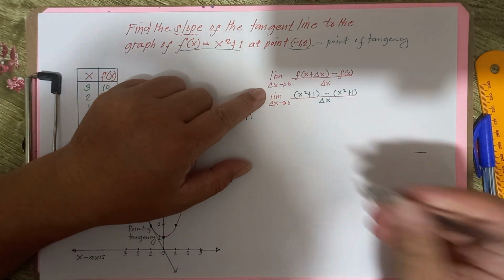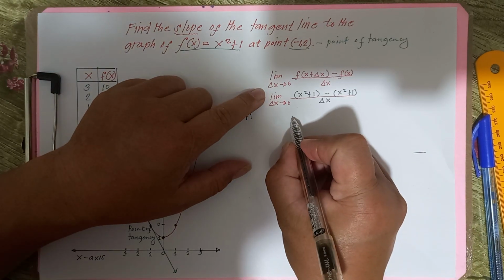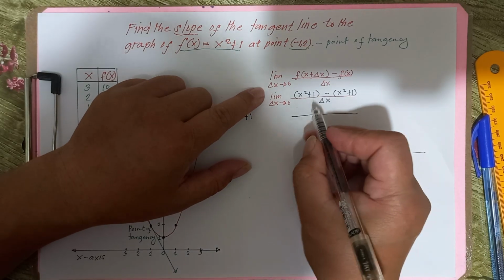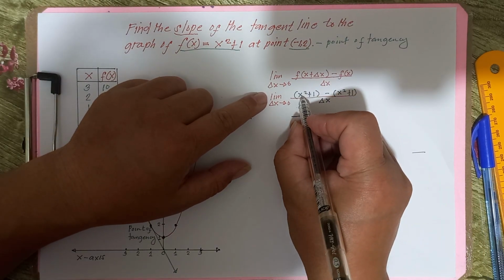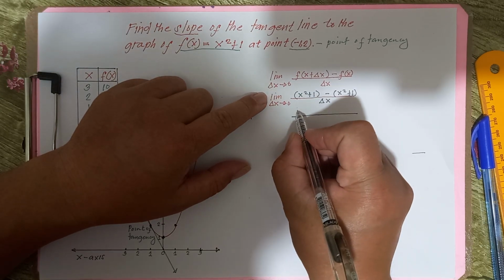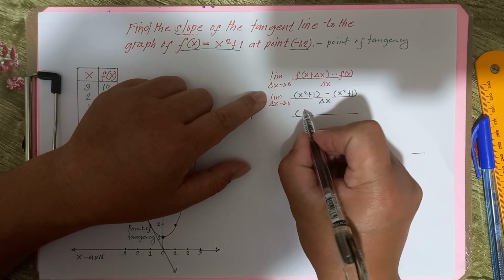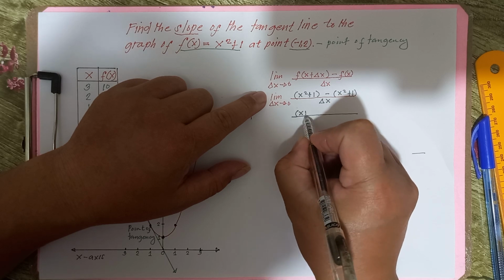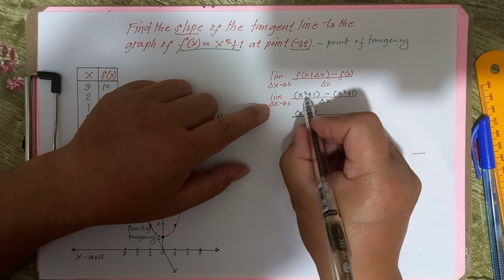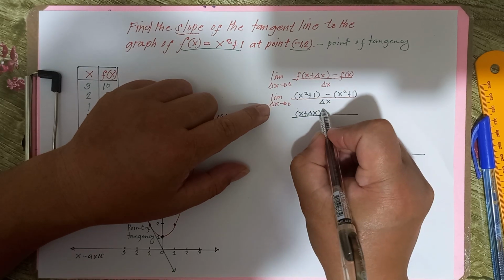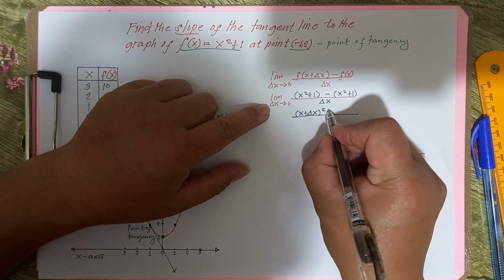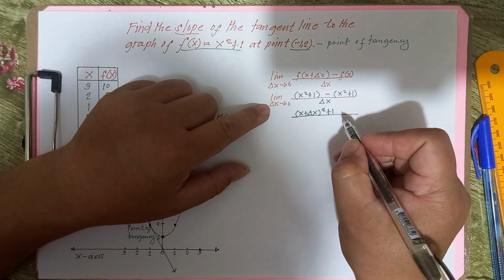So we replace this x raised to 2 with this statement, that is the same as x plus change of x, raised to 2, plus 1.